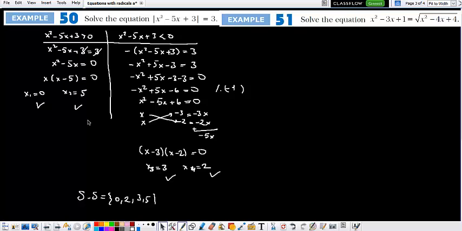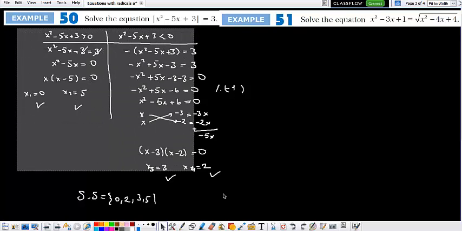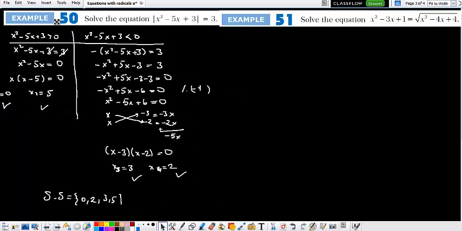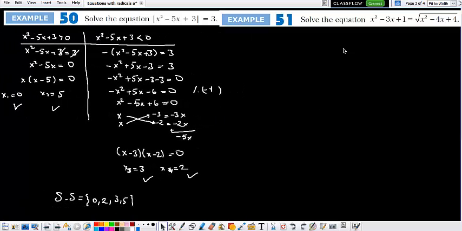Okay, the next and the last question about this one is: solve the quadratic equation x squared minus 3x plus 1 is equal to root of x squared minus 4x plus 4.